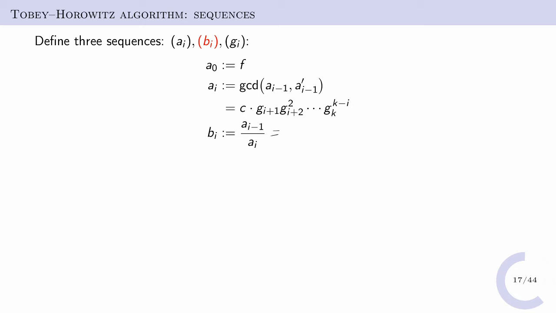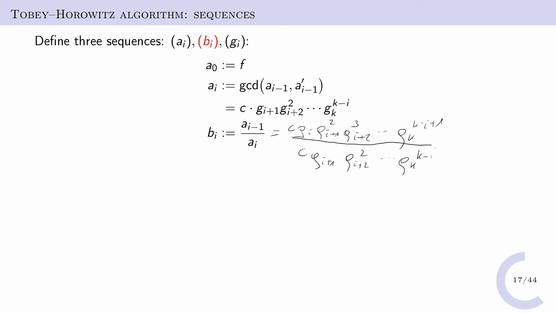Using the formula derived above, this is c times g_i to the first power, g_{i+1} squared, g_{i+2} cubed, and so on, g_k to the power k minus i plus 1, over c times g_{i+1}, g_{i+2} squared, and so on, g_k to the power k minus i.